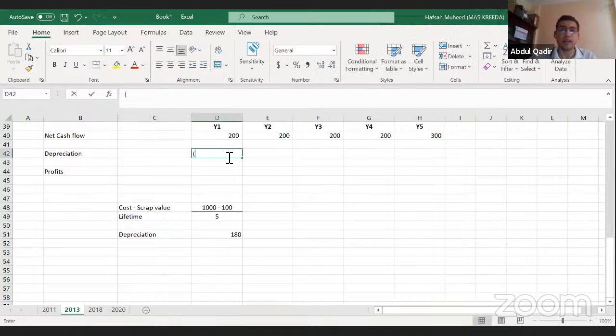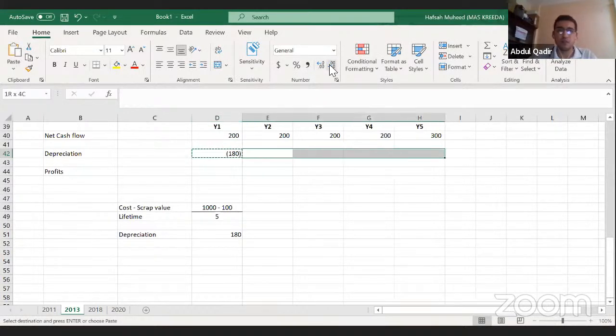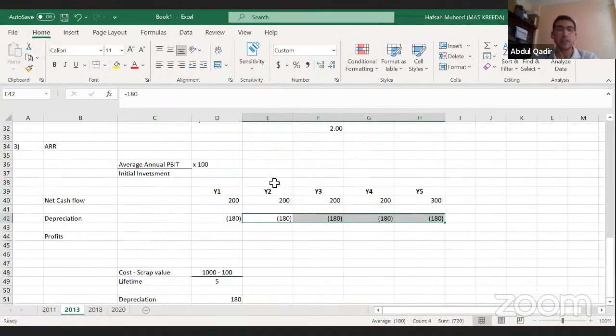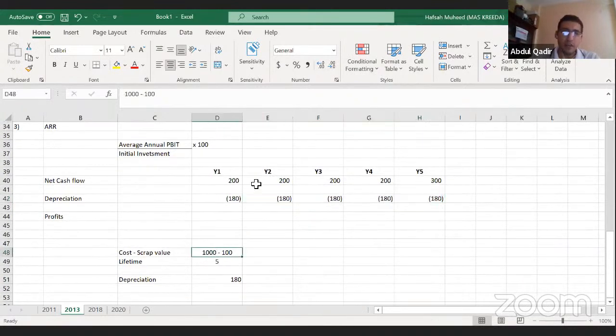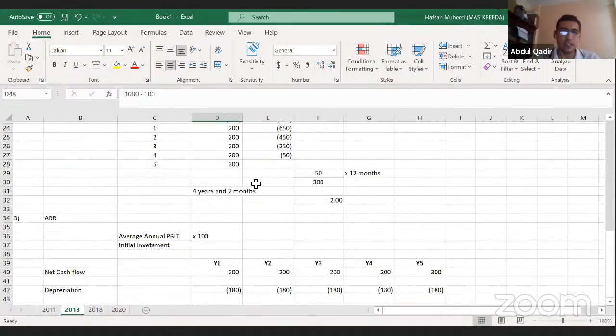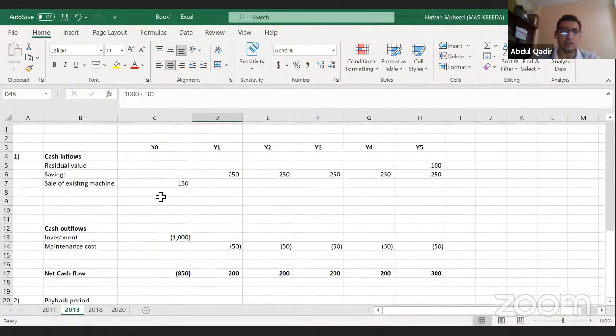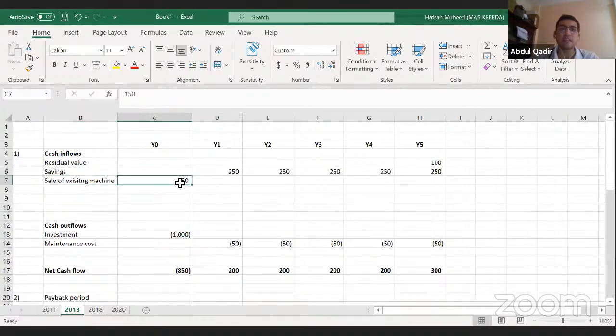So what you do is you deduct 180 from the cash flow of each year. That will be applicable to all years. Some students might get confused, because here we have included a cost of 1,000, but in the investment appraisal, we had a sale of existing machine of 150.